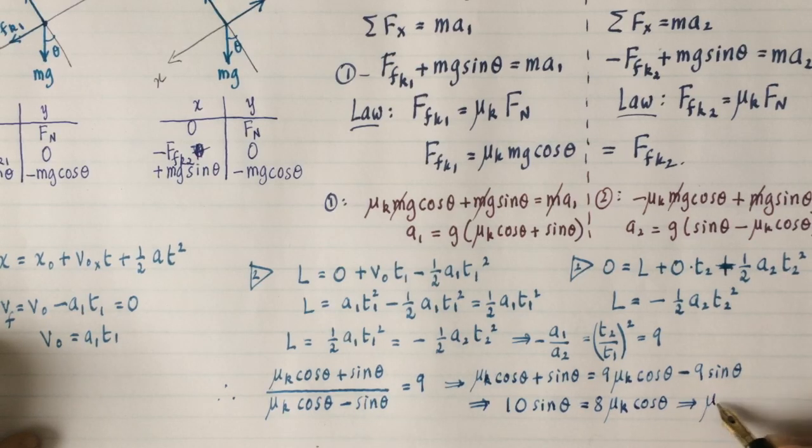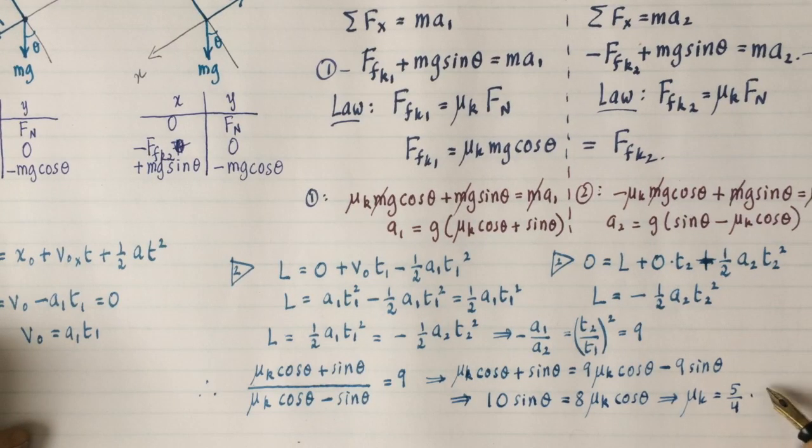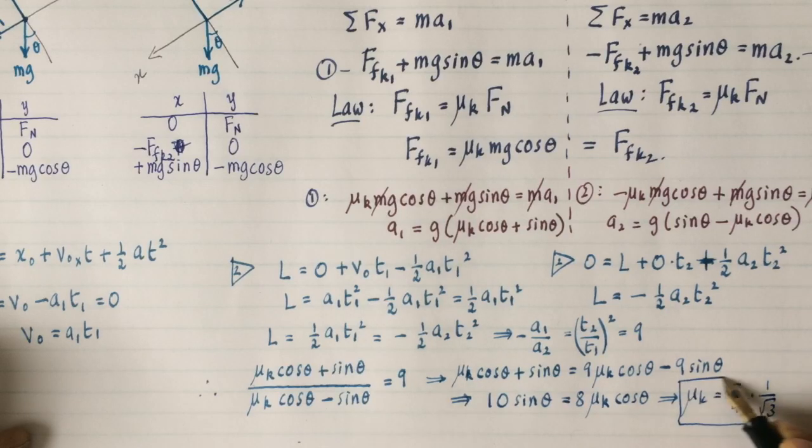And so that gives me mu k is 10 over 8, which is 5/4, times tan theta. Well, tan 30 degrees is 1 over root 3. So that's our value for the kinetic friction coefficient in this problem.